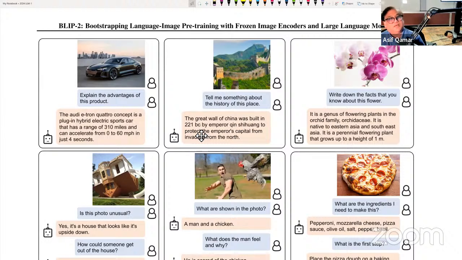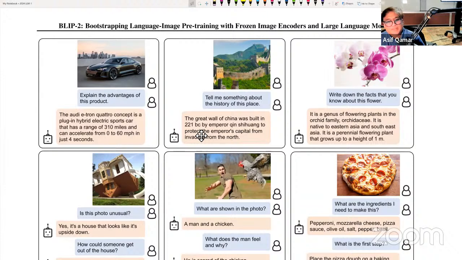A car, but it says this Audi e-tron Quattro concept, whatever that thing is, I have no idea. It is a plug-in hybrid electric sports car that has a range of 310 miles and can accelerate from 0 to 60 miles per hour in just 4 seconds. Do you realize in the course of this morning, we have gone from simple captioning to how far we have come?